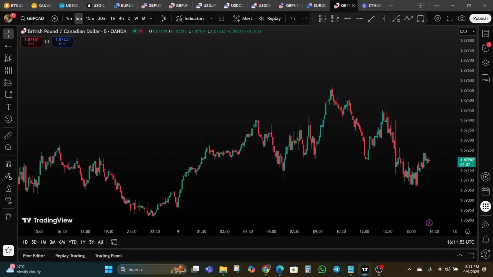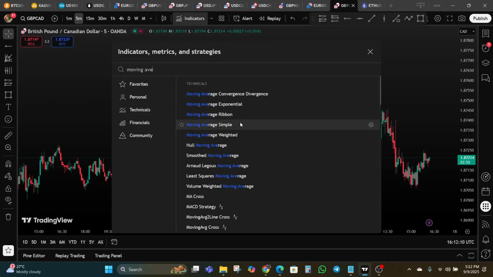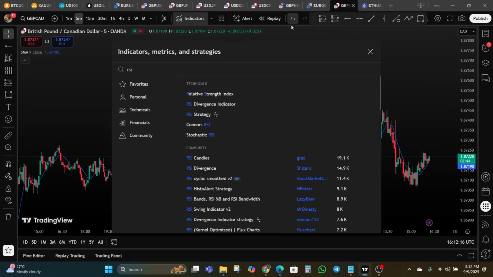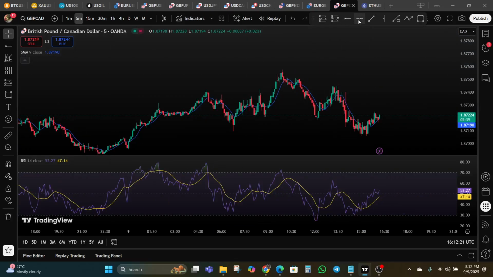Okay. Now, you also have to select technical indicators and tools that complement your trading style. Common choices include moving averages, RSI, MACD, and also support and resistance levels.